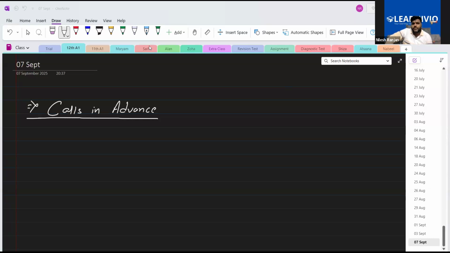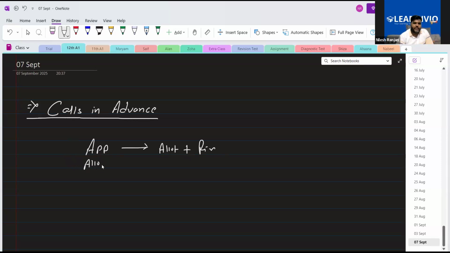Okay, so if any shareholder has already paid the future call along with any present call, then it is called calls in advance. Like if we are asking the application, then allotment, then first call, then final call. So on application, if any shareholder has decided to pay all the money, means allotment, first call, or final call.